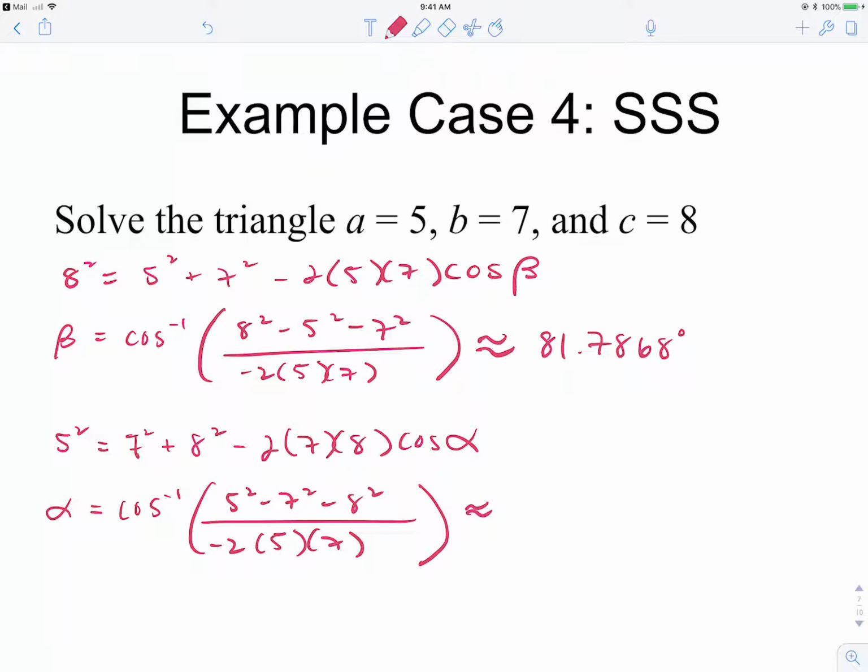So for alpha, I end up with 38.2132 degrees. Sorry, I had a little technical difficulty. Oh, here's why. I had 5 in the denominator, and it should be 7 times 8. Okay.